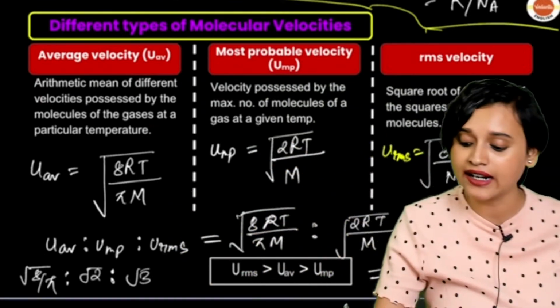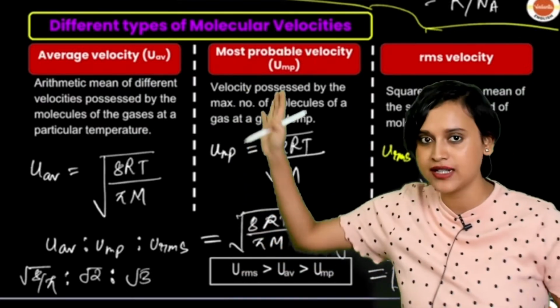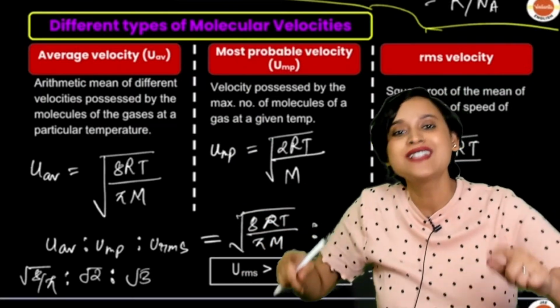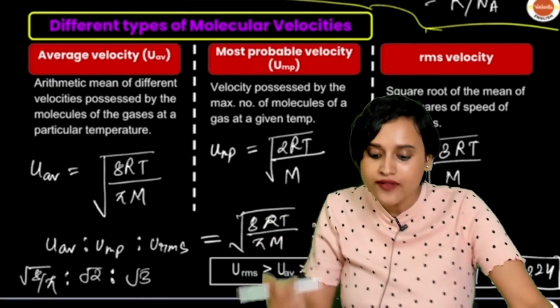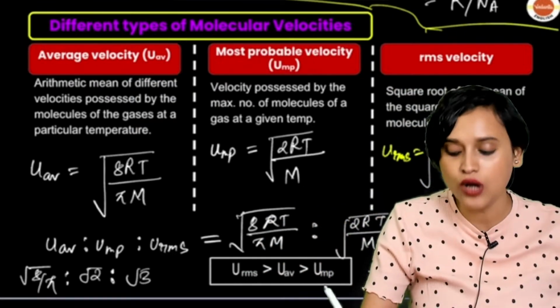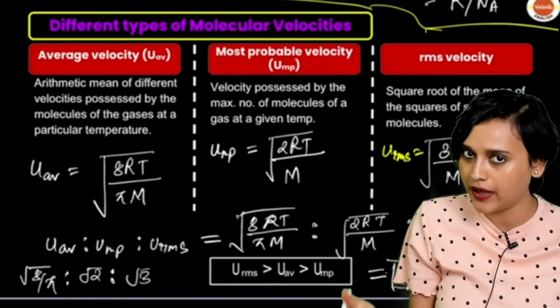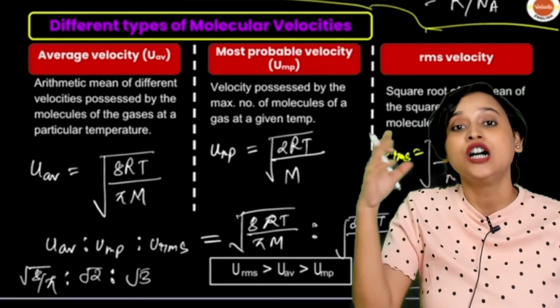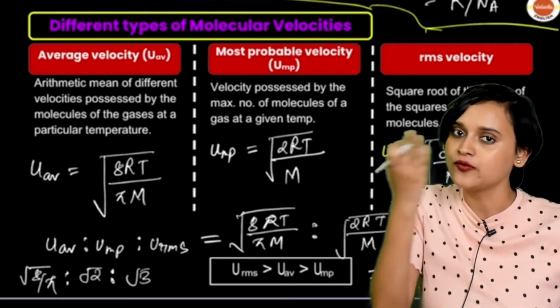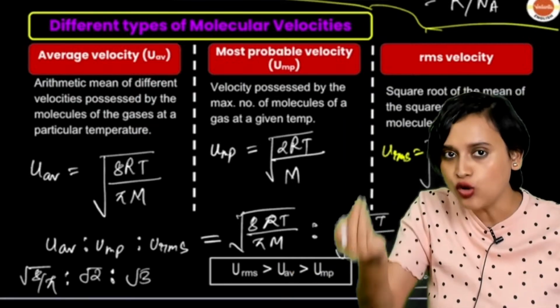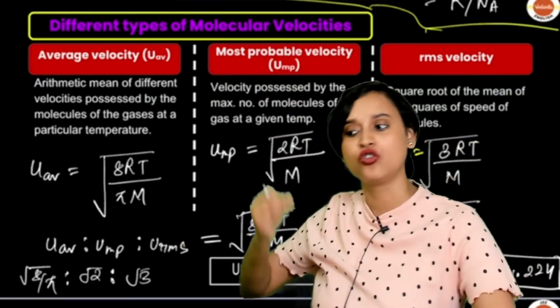And then we can see that RT by m is common in all of these. So we have simplified it a little bit. When we simplified, we saw that U average becomes just root over 8 by pi, most probable velocity becomes root over 2, and root mean square velocity becomes root over 3.